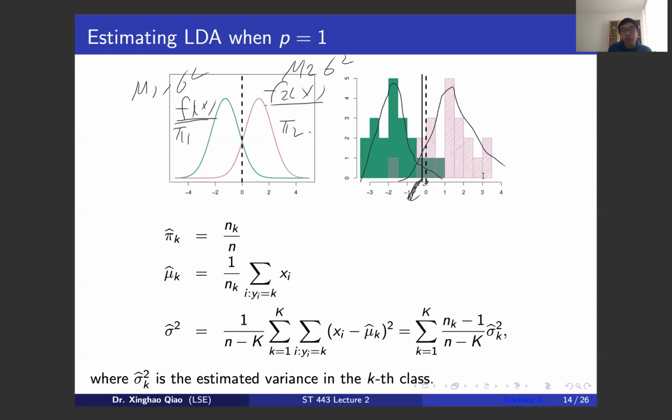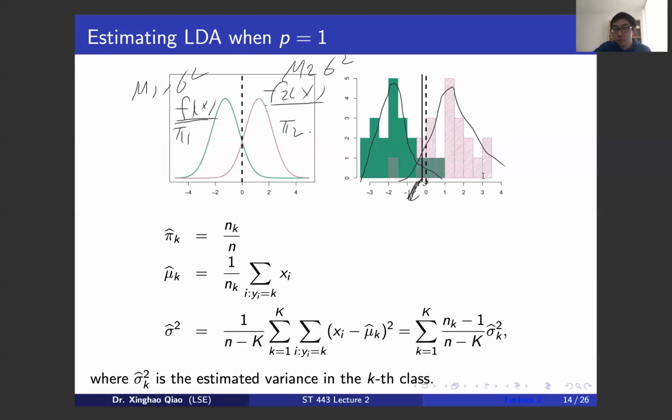If the data are generated according to the normal distribution, of course, if we estimate by the so-called linear discriminant analysis under the normality assumption, then our estimated decision boundary will be quite close to the true decision boundary.